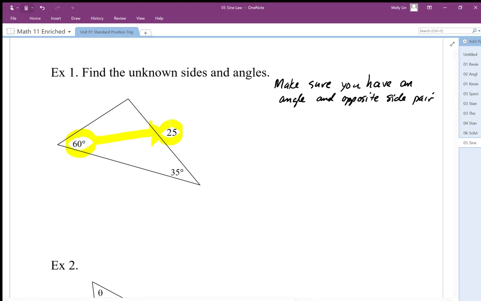This is a very important criterion for being able to use the sine law. Okay, so in this case we do.